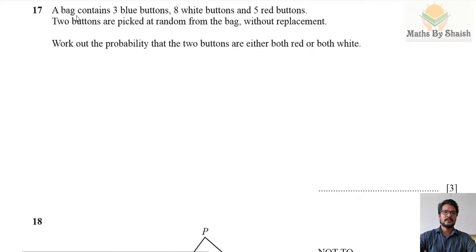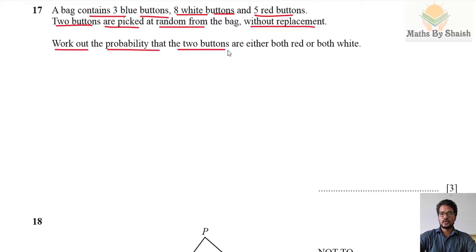Question number 17. A bag contains 3 blue buttons, 8 white buttons, and 5 red buttons. 2 buttons are picked at random from the bag without replacement. Work out the probability that the two buttons are either red or white.